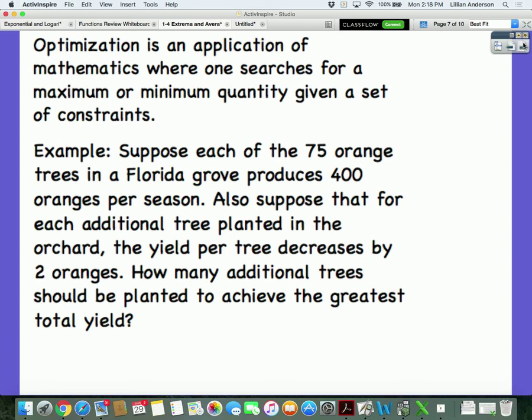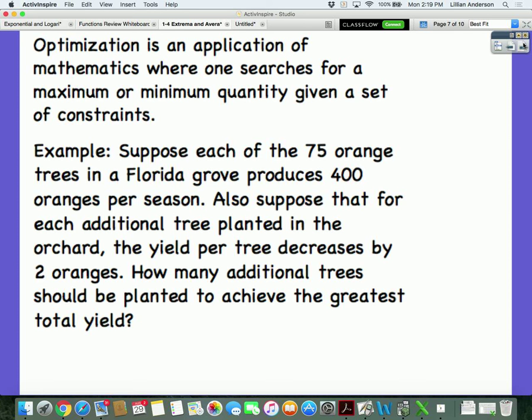You multiply, right? Keep that in mind. It says also, suppose that for each additional tree planted, the yield per tree decreases by 2. Okay? How many additional trees should be planted to achieve the greatest total yield?